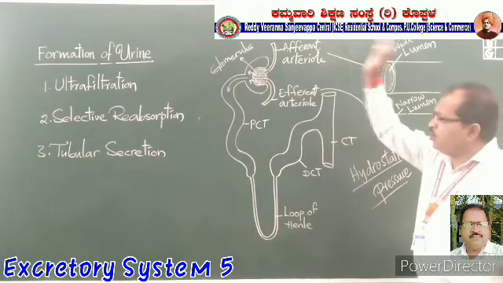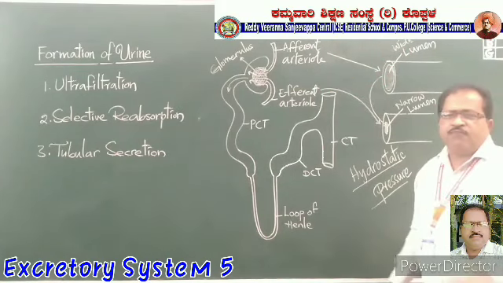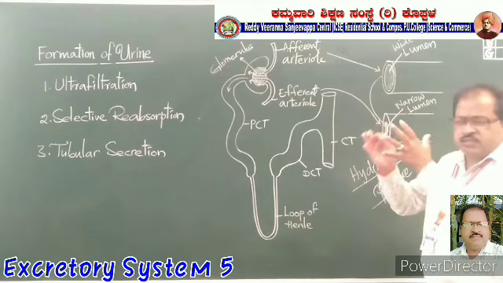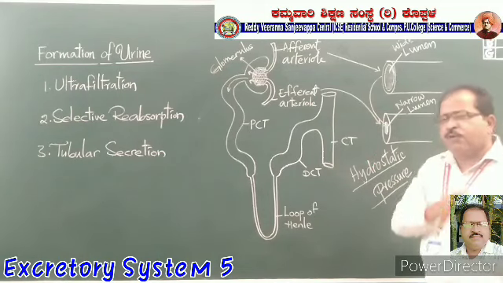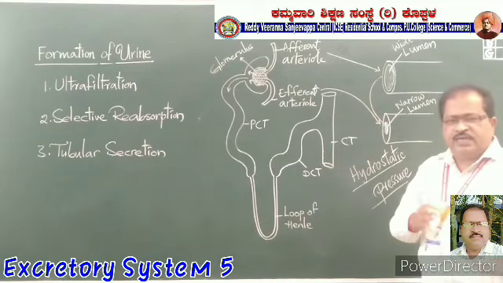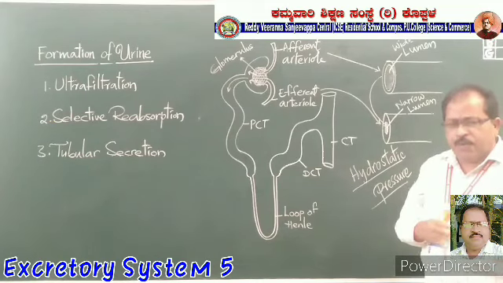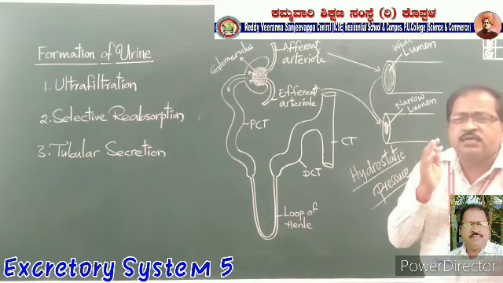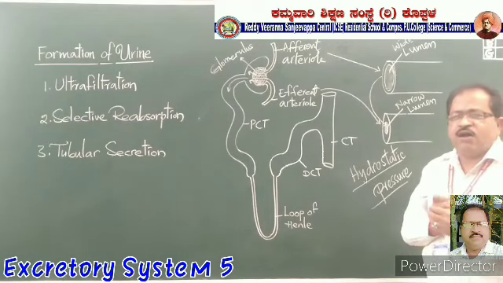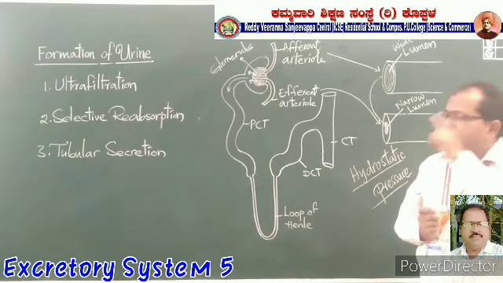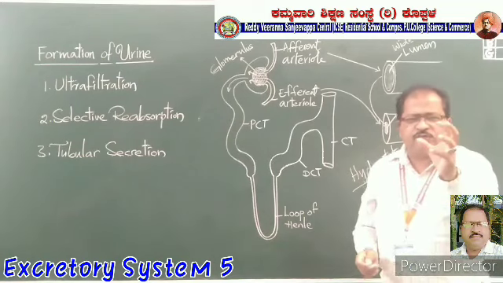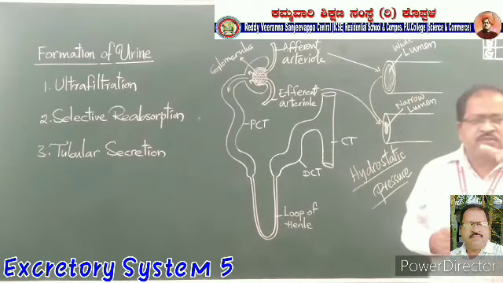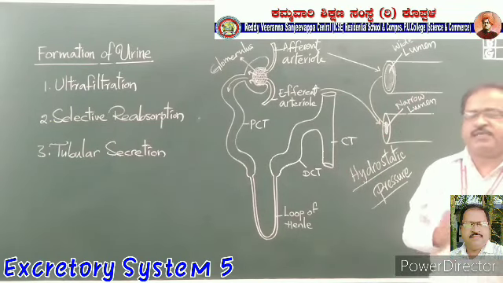So that is called ultrafiltration. After the ultrafiltration, the filtrate, that means the material which is separated from the blood, is called the glomerular filtrate, or we can say nephric filtrate.